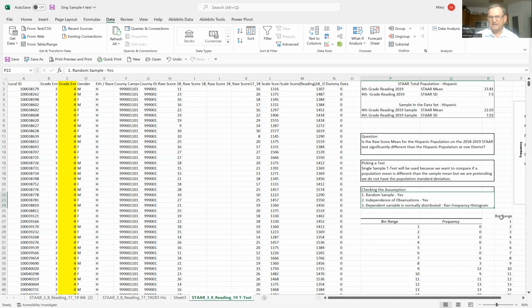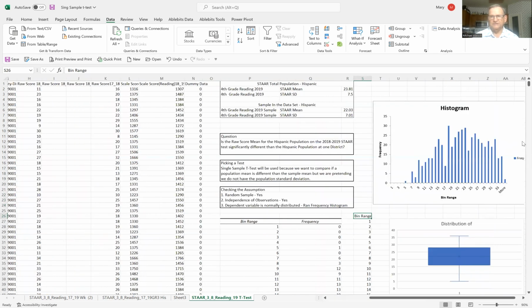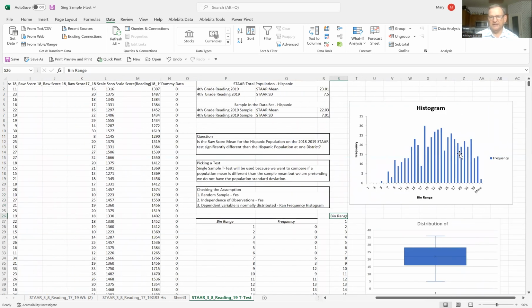I did that by creating the bin range and then going to the data and creating a histogram.